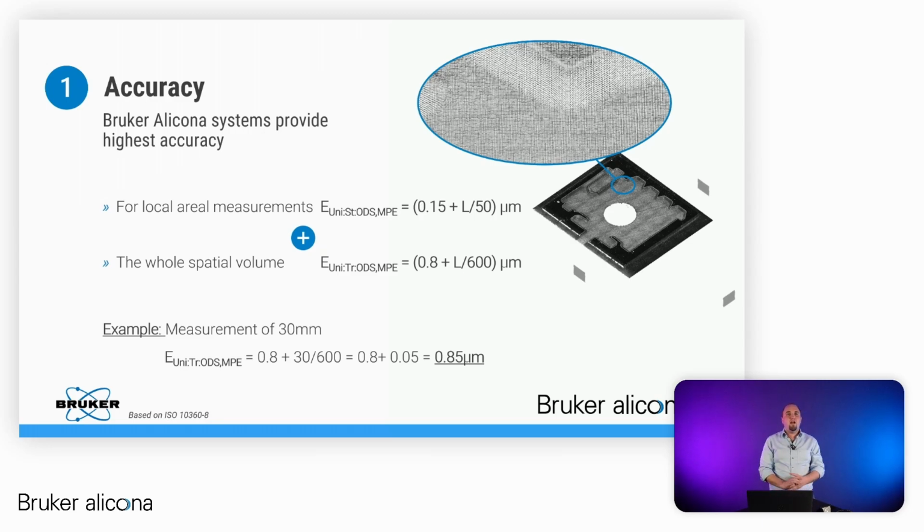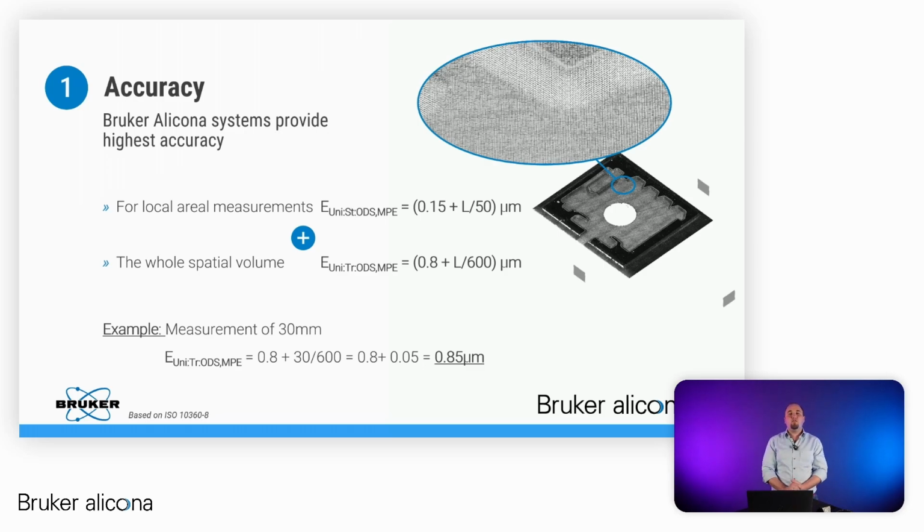For local area measurements, we have an E-uni stationary maximum permissible error of 0.15 plus L divided by 50. This means for a 1 millimeter height step measurement, we have a maximum error of 170 nanometers.